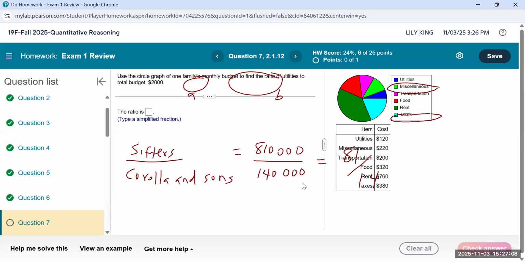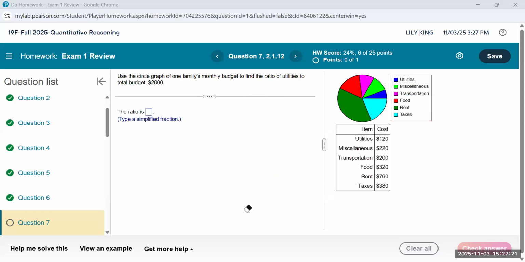Question 7. We are still on ratios. Here we have to find a ratio of utilities to the total budget. As always, the quantity before the "to" statement will stay on top, and the quantity that comes after the "to" statement will always be at the bottom.